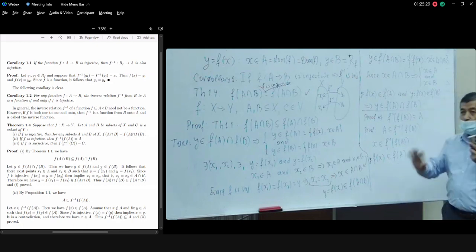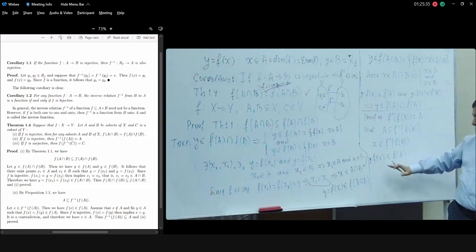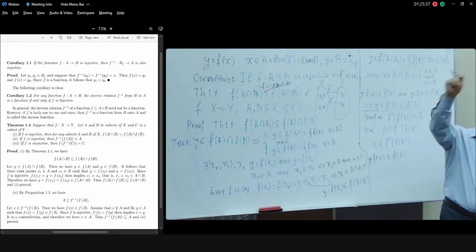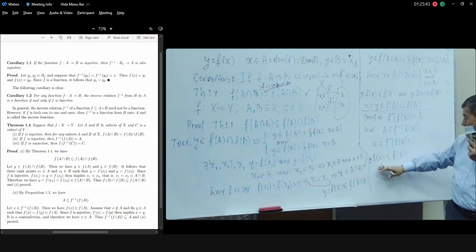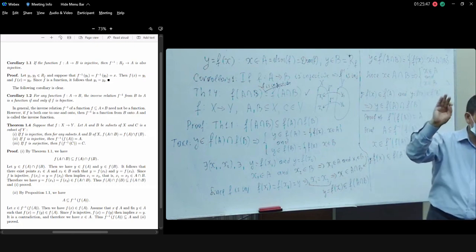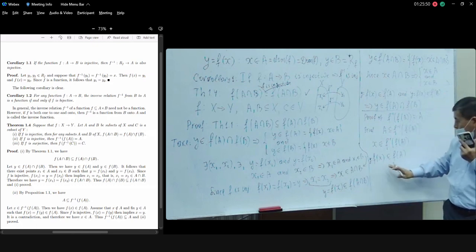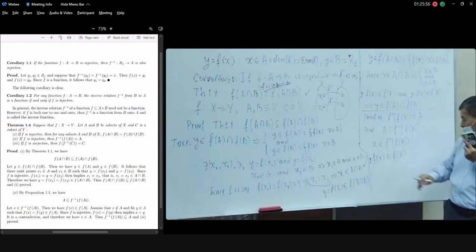I think without using the contrapositive, can I prove it? Let me try first, okay? If not, then we have to follow that. Okay, the contrapositive method they use. Just because here the f function is injective, because of the injectivity, maybe we can prove that x belongs to A also. Okay.